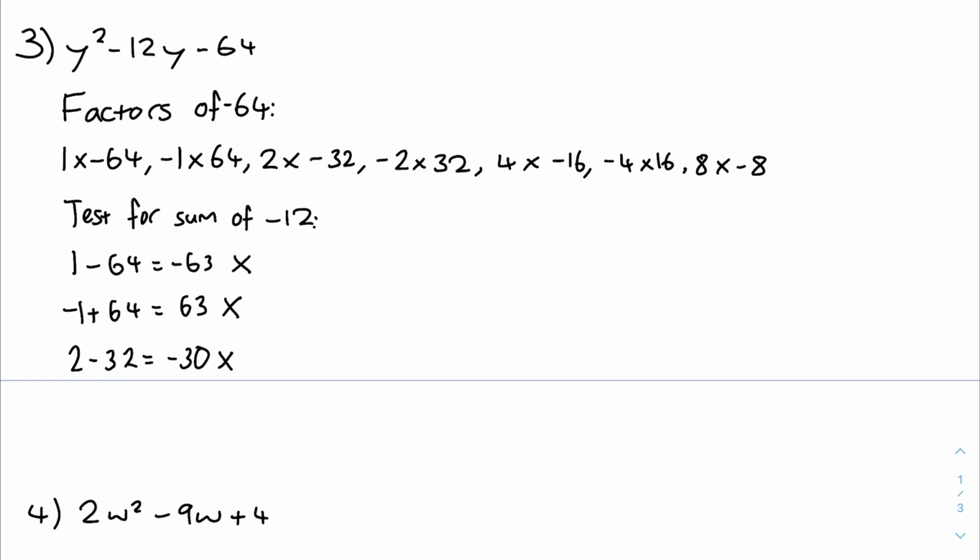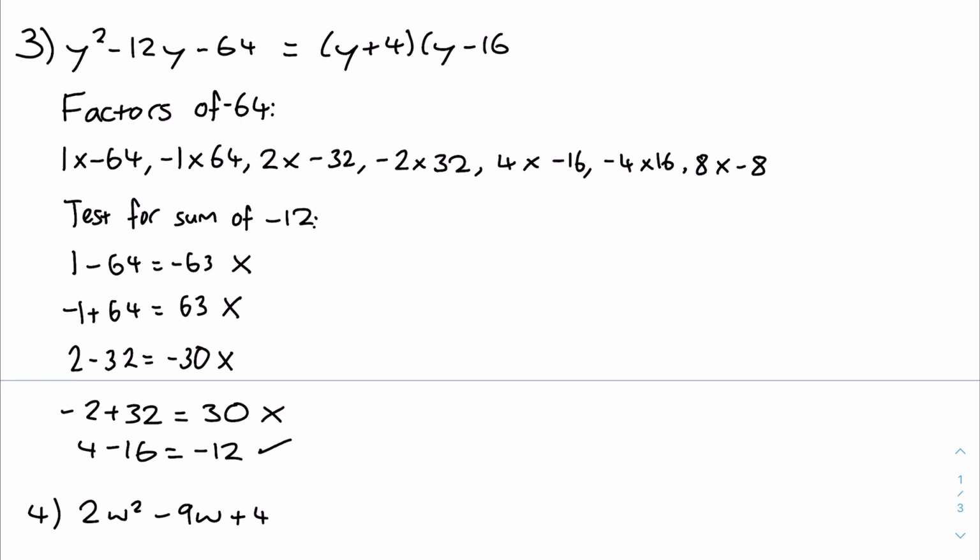Minus 2 plus 32 equals 30, not the one. 4 minus 16 equals minus 12, and that is the one we're looking for. So our answer to this one will be (y plus 4)(y minus 16).